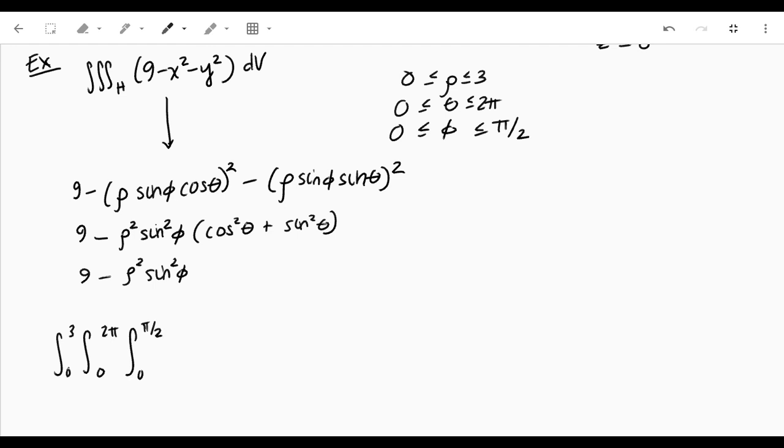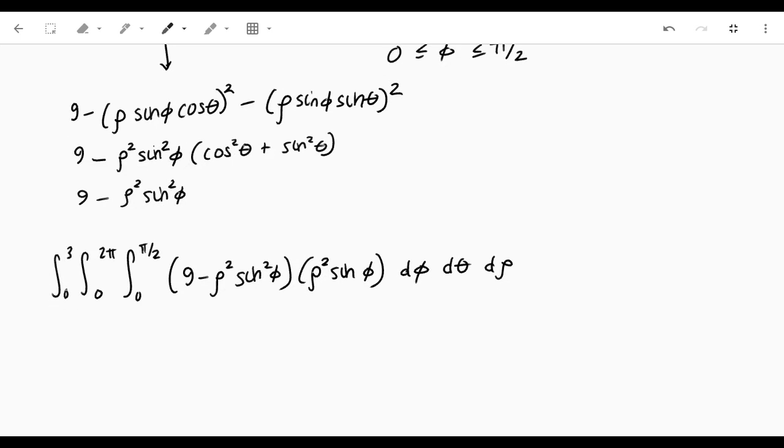Then my function is 9 minus rho squared sine squared phi. Don't forget your rho squared sine phi. And then I've got my pi over 2, so I've got d phi, and then my 0 to 2 pi, so d theta, and then d rho. So you're ready to integrate, right?